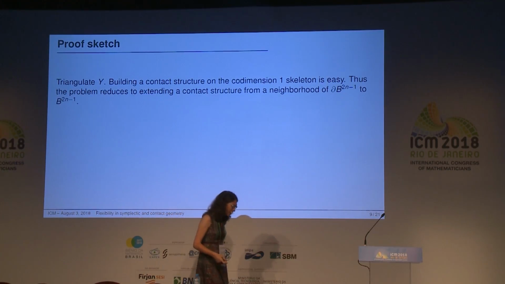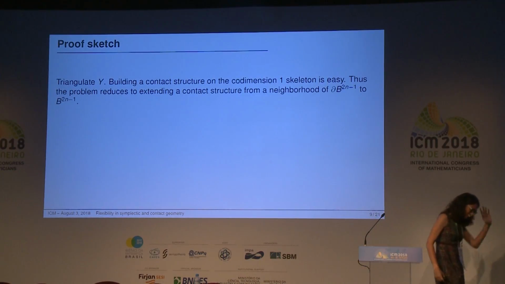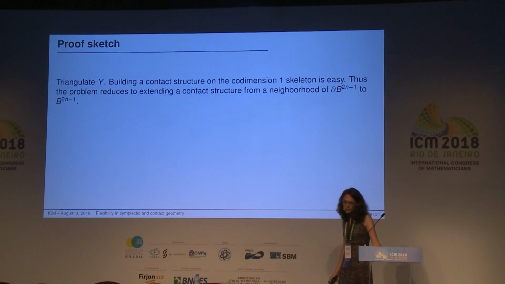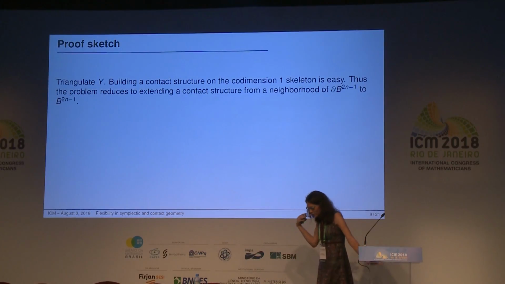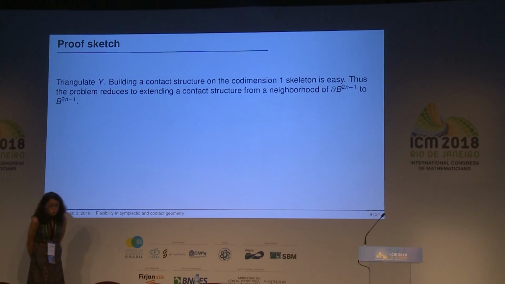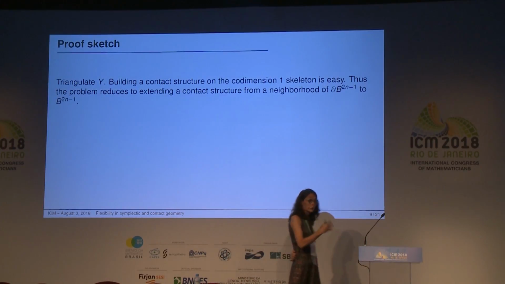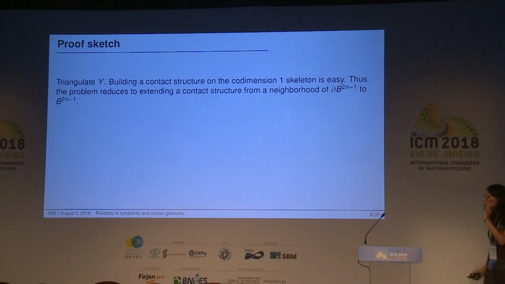And if you have transverse directions to do that, you just make it twist a whole lot in those transverse directions. Of course, this takes up pages and pages of writing, but intuitively, this is an easy thing to do. So that reduces the entire question of all contact structures on all manifolds, if I want to prove existence, to figuring out how to prove the extension problem from the neighborhood of the boundary of the ball to the interior of the ball. All right, so put a pin in that idea.